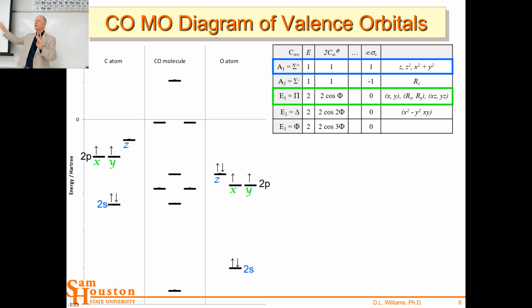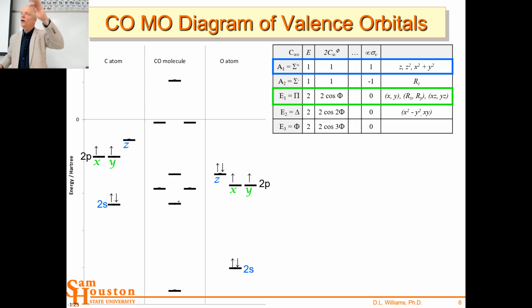Even though Gaussian generated this, and you don't know the exact energies of those, what are you going to get? You're going to get a lower one, so that 2s is going to drop in energy, and then the highest one, and then you're going to have 2 in the middle. So you can see those on this diagram. You see the lowest one here. If you're drawing this yourself, you'd put one down here, and you'd put one up here, really high in energy, and then you'd put 2 in the middle.